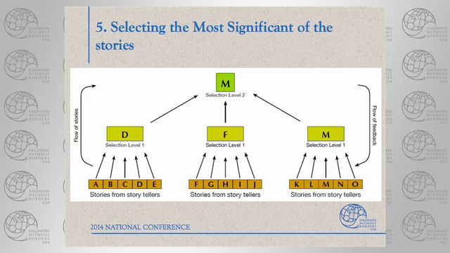So once you've got all these stories, a bunch of different stories down the bottom, you might have different groups or different people go through and read through or listen to all the stories again, and they pick out of that group which one they thought as a group was the most significant. And then you might have another level.